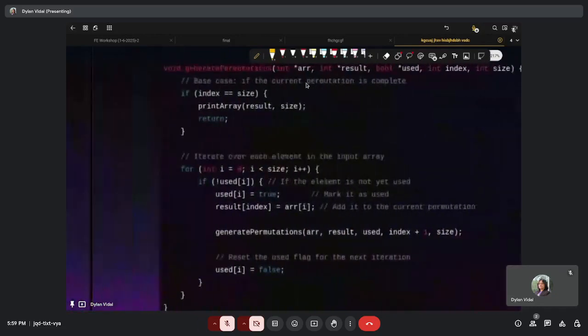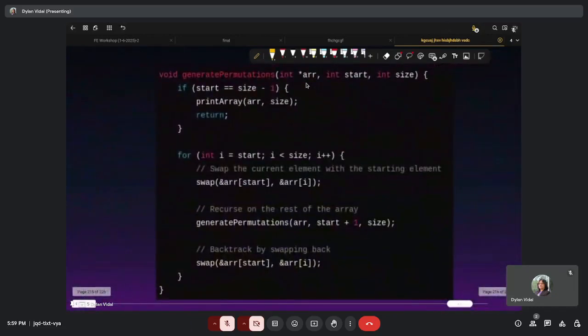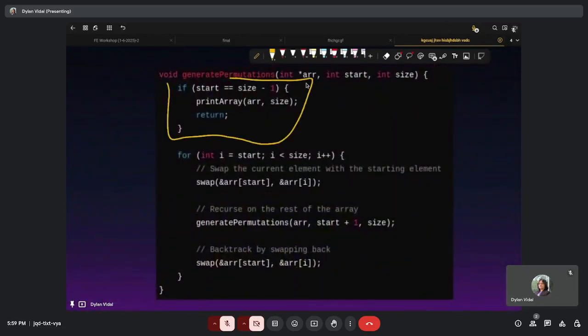So here's this, right? We're saying, look, if start equals size minus 1, this means we're at the end. We have no other positions to mess with. We're going to print it. Imagine that just prints the whole array. But this is the actual chunk of everything, right? So this is size. You can imagine that this is the length of the array if we're doing numbers, or the size of the string if we're doing permutations of strings.